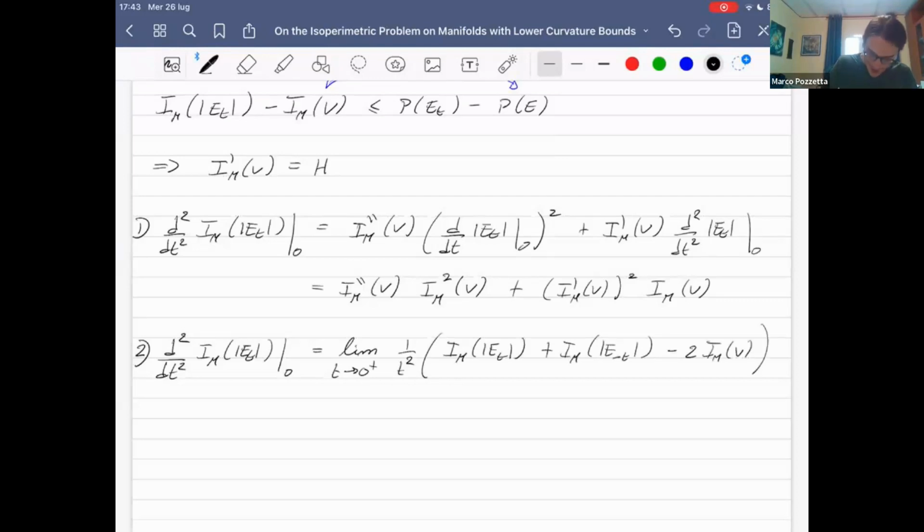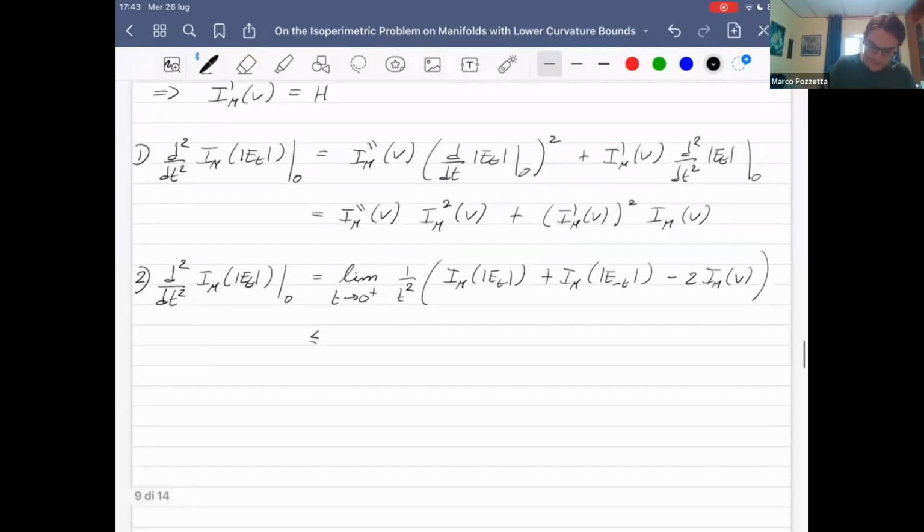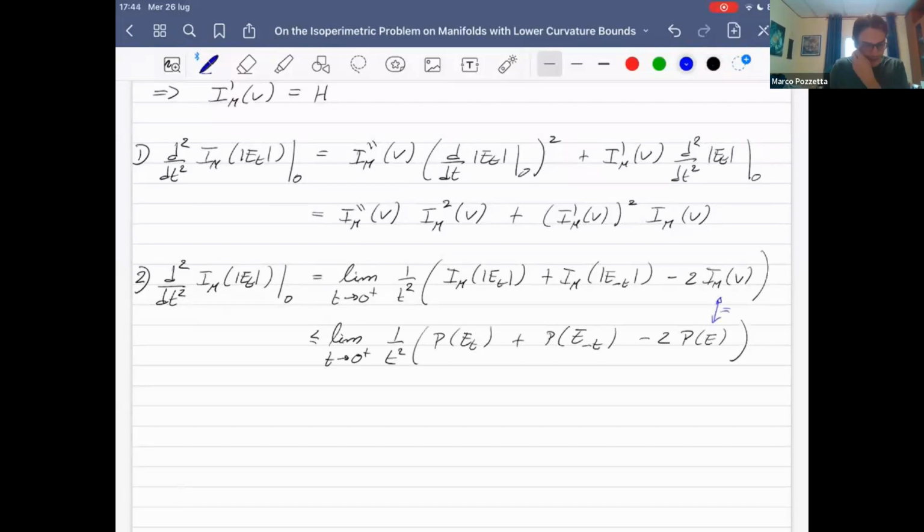And here I use the stupid inequality that the profile is less than the perimeter. So this is less than the limit as t goes to 0 plus of 1 over t squared times the perimeter of E_t plus the perimeter of E_{-t} minus 2 times the perimeter of E, because again, this is an equality, since E is isoperimetric.